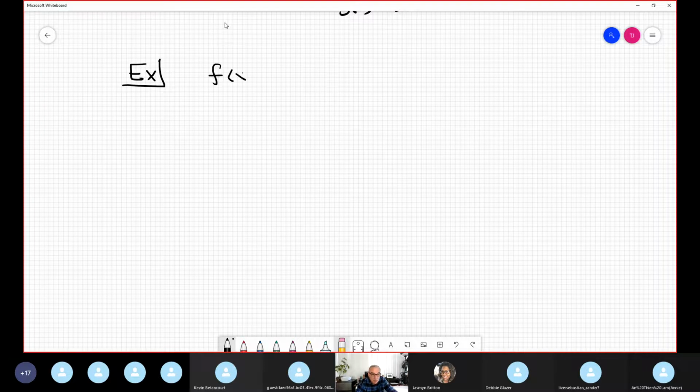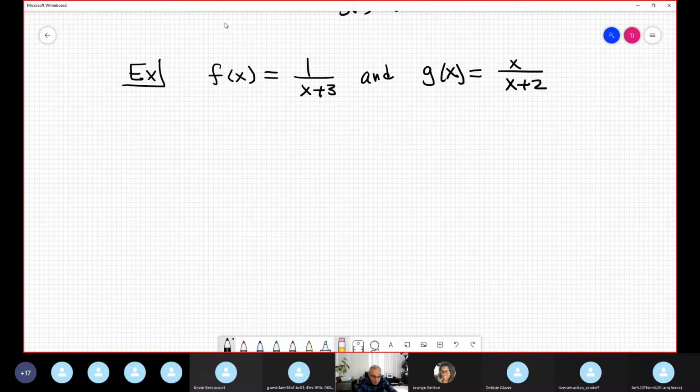f of x is equal to 1 over x plus 3, and g of x is another function, equal to x over x plus 2. And my question is: find everything.